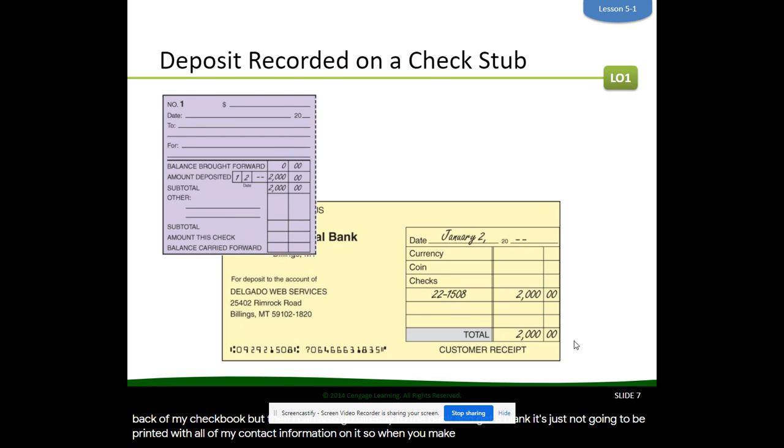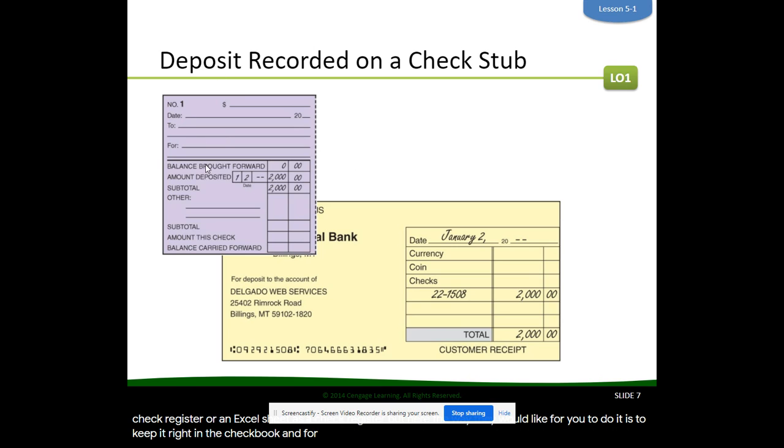So when you make a deposit, you also have to record that deposit. And in this situation, you're going to record that deposit on the check stub. Now, I personally use a check register, or an Excel sheet as a check register, but here the way they would like for you to do it is to keep it right in the checkbook.